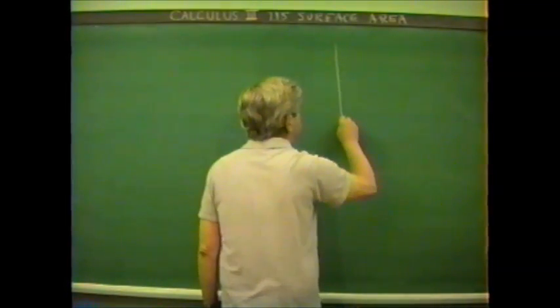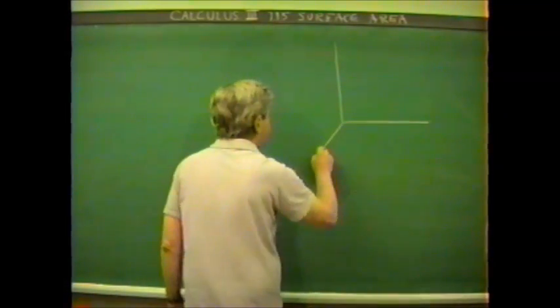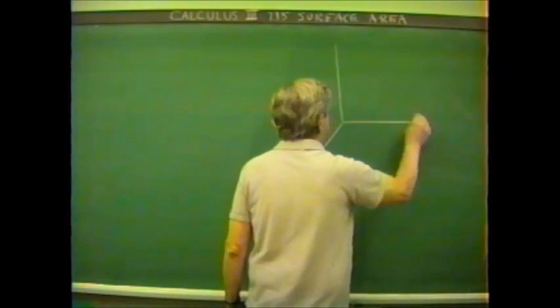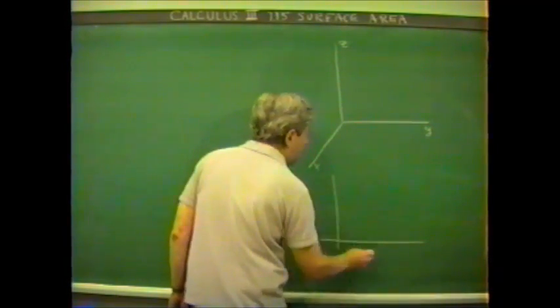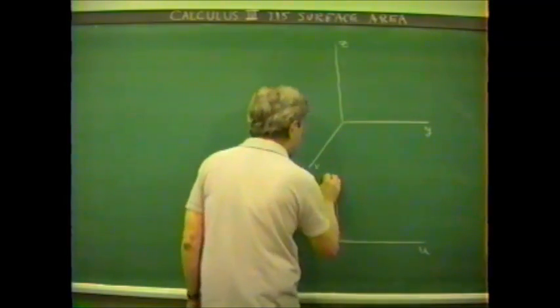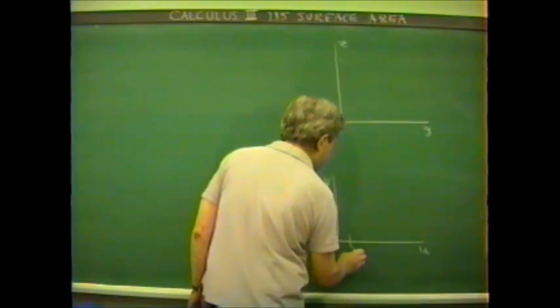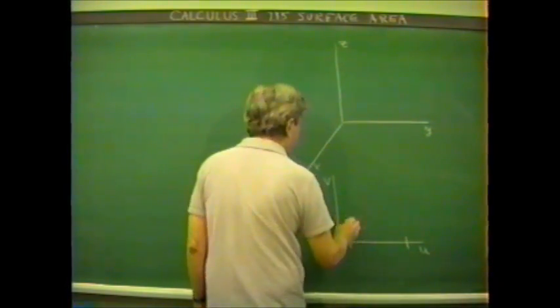I'll take a look now at a general method for finding a formula for surfaces and for the surface area. It goes like this. Here we've got our space x, y, z, and what we imagine here is that we've got a plane, a UV plane, and a region in here, perhaps a rectangle.